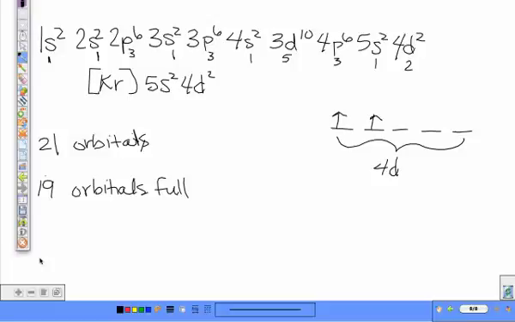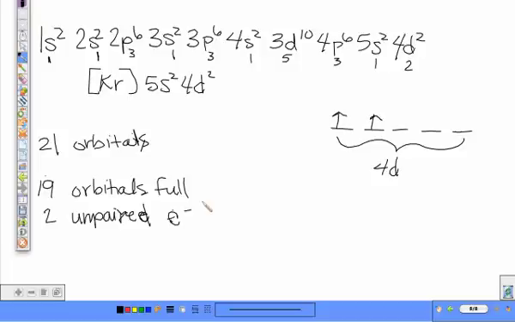So how many unpaired electrons? 2 unpaired electrons. That should say zirconium.